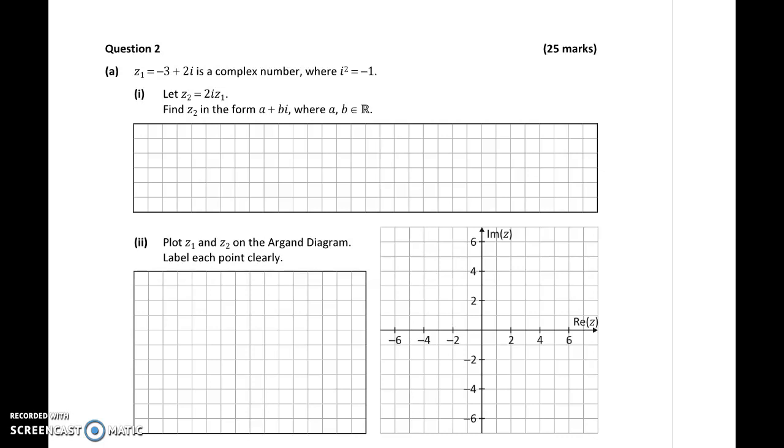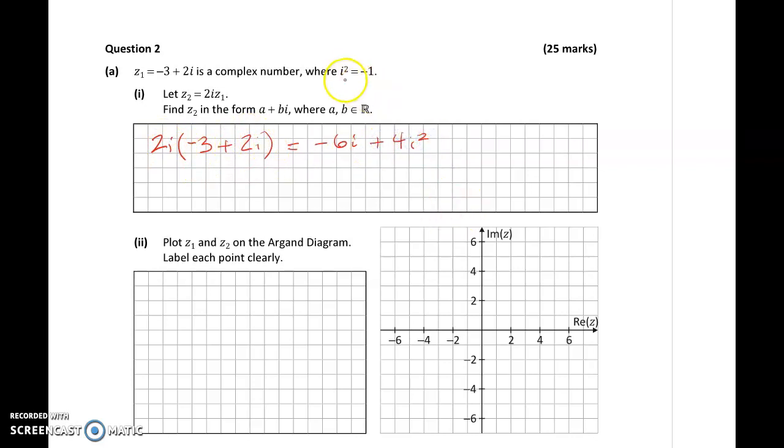They ask you to get it into the format of a real plus an imaginary number, and the quickest way of doing that would be just simply to say to yourself, well, it's 2i multiplied by the -3 plus 2i. If you multiply that out using your algebraic skills, it's 2i multiplied by -3 and 2i multiplied by 2i.